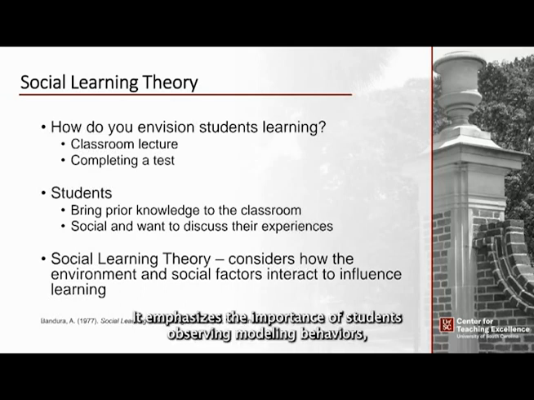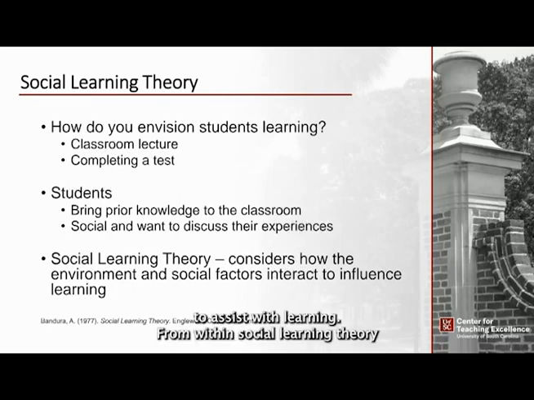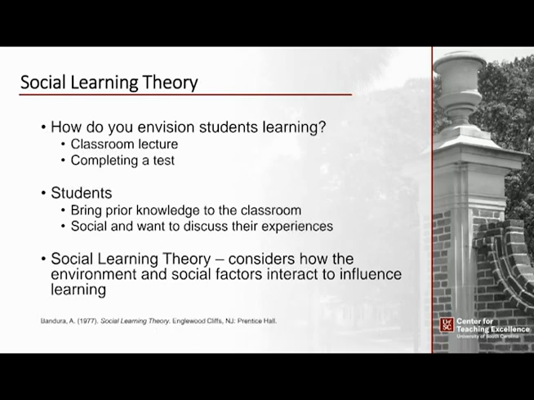It emphasizes the importance of students observing, modeling behaviors, attitudes, and emotional reactions of others to assist with learning. From within social learning theory came the idea of developing a community of learners, specifically communities of learners that are immersed in social collaborating and learning environments.